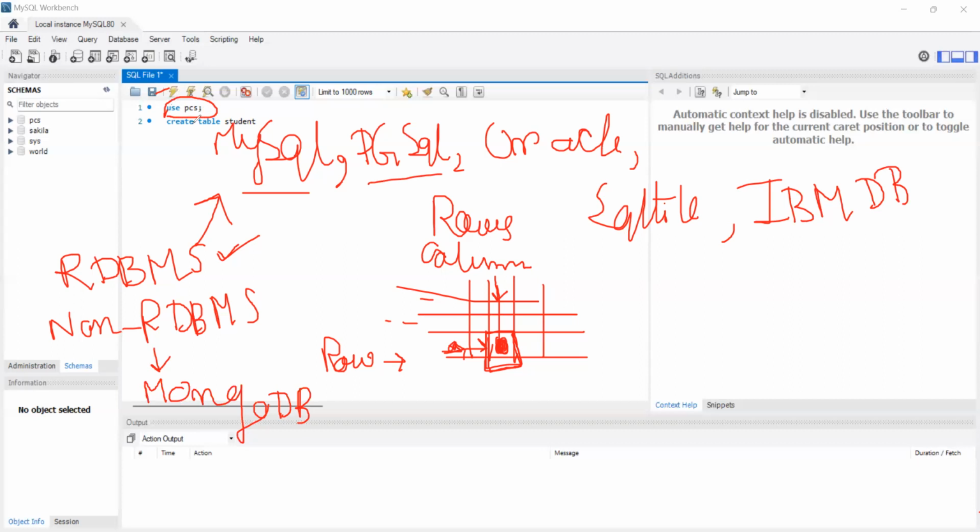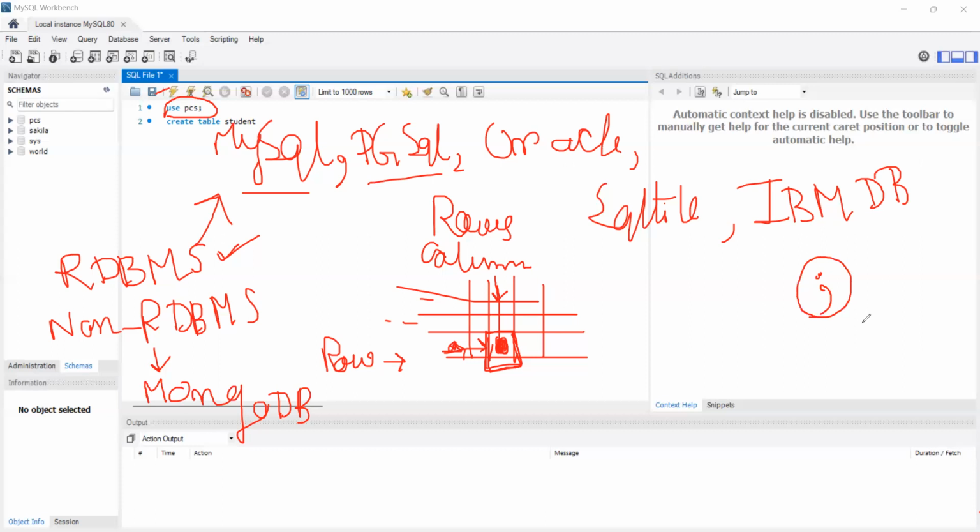When you create a query in an SQL or MySQL database, you have to put a semicolon.